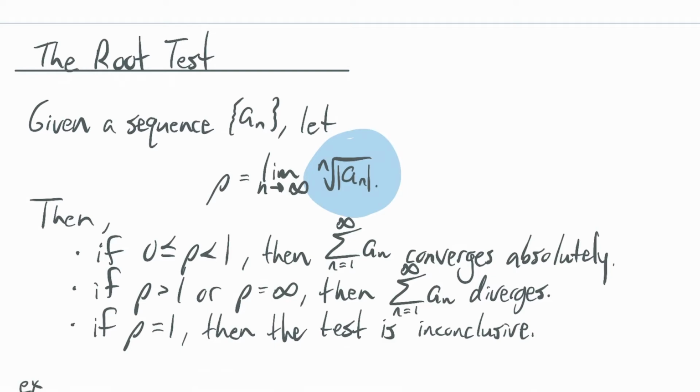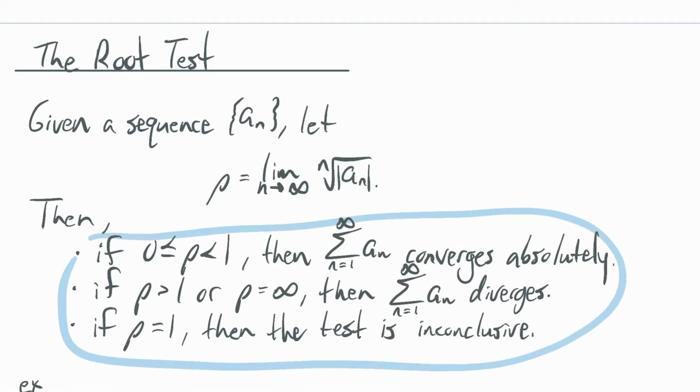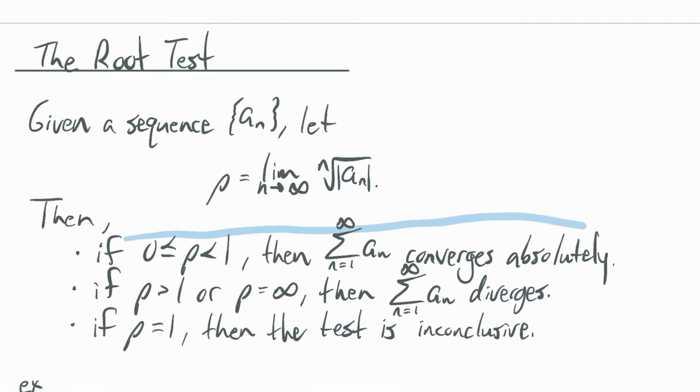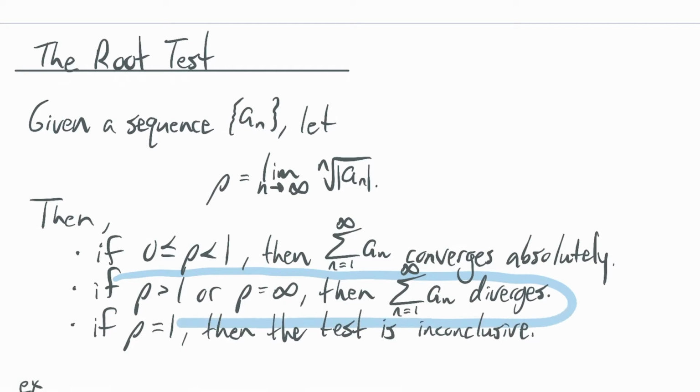You'll have the absolute value of a1, then the square root of the absolute value of a2, then the cube root of the absolute value of a3, and the fourth root of the absolute value of a4, and so on. The conclusions are basically the same as the ratio test. If rho is between 0 and 1, not including 1, the series converges absolutely. If rho is greater than 1 or rho is infinity, then the series diverges. If rho is equal to 1, then the test is inconclusive.